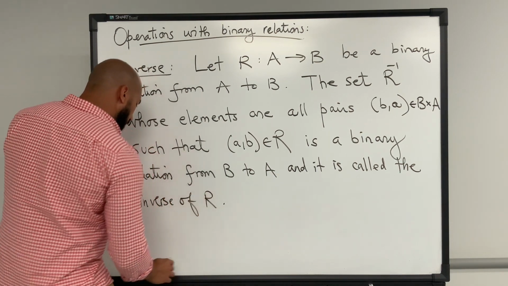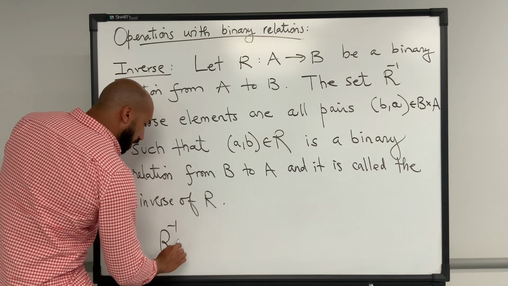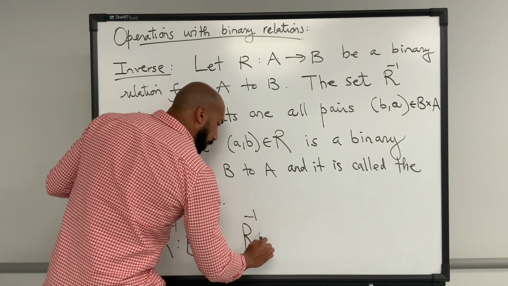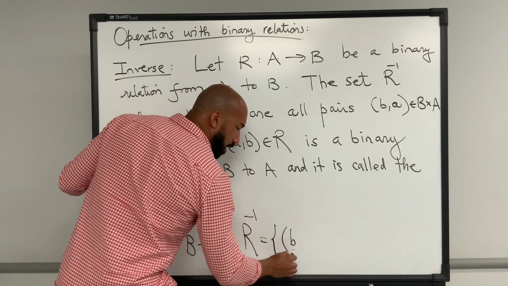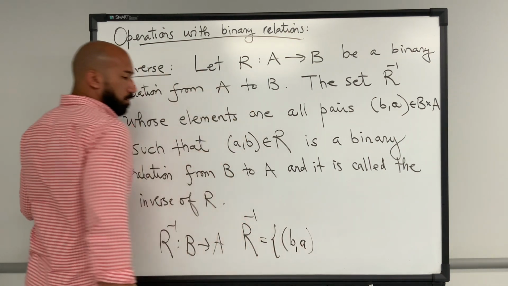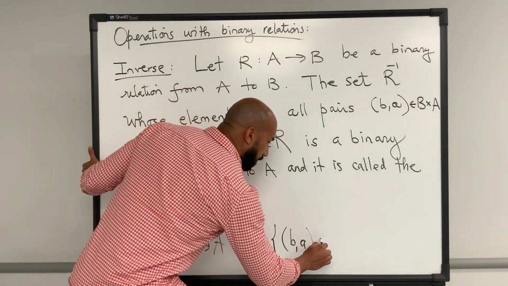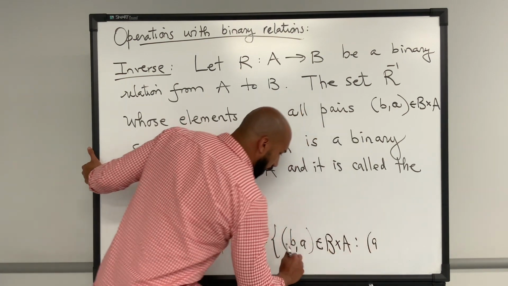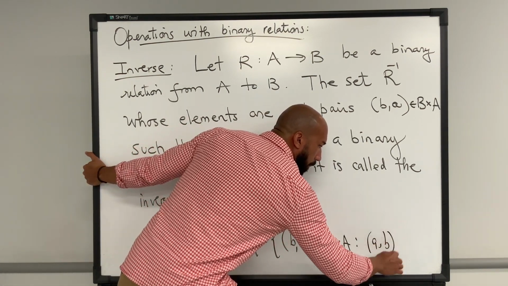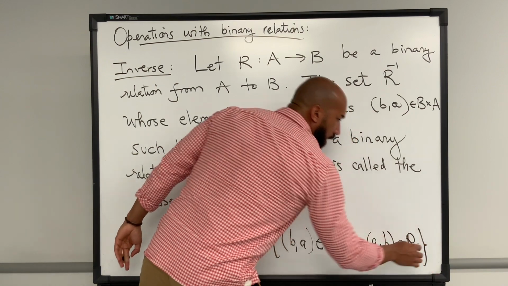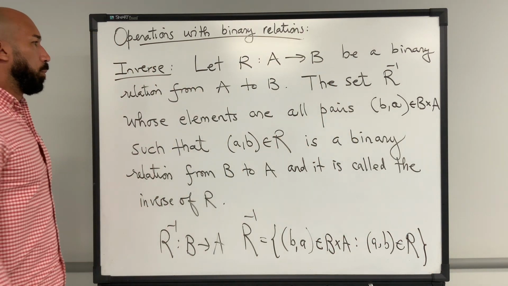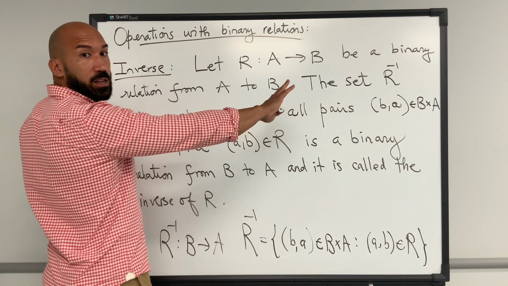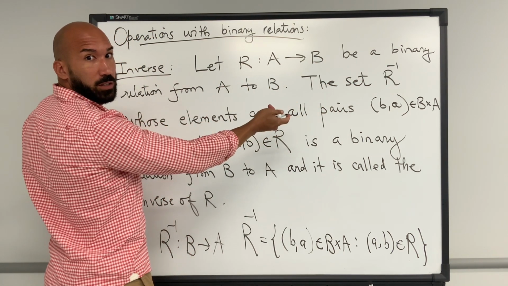of R. Okay, so the inverse is a binary relation from B to A, which are the pairs that we have in the inverse. All pairs BA in B Cartesian product A, such that if we switch the components, the pair AB is in R. So pragmatically, what we are doing is going over all pairs in R, switching the two components.